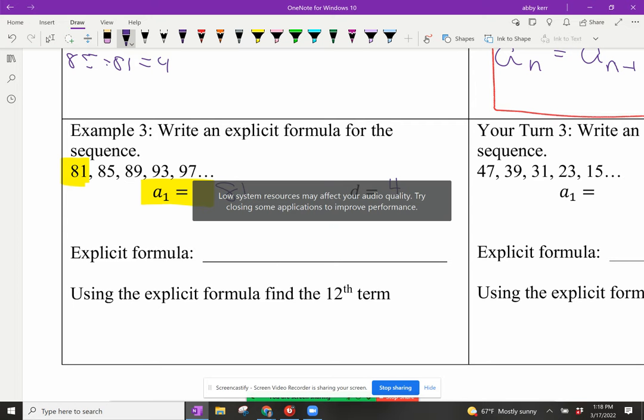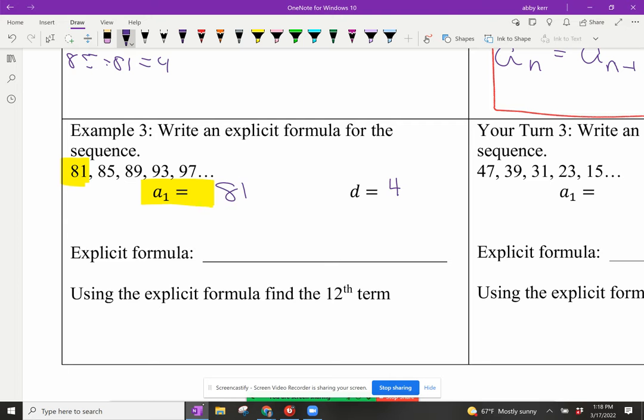So this formula says a sub n equals our a sub 1. So now we're identifying our 81 plus n minus 1 times our difference. So for this, we have to simplify. We have to distribute, even though the 4 is behind it.